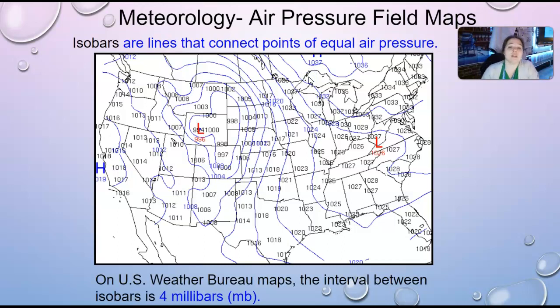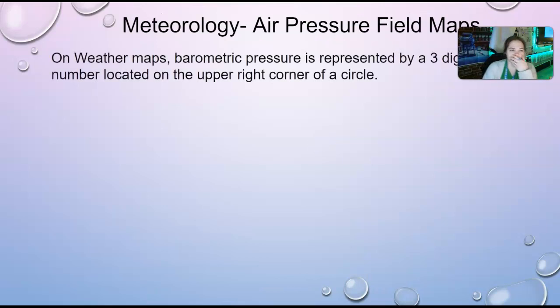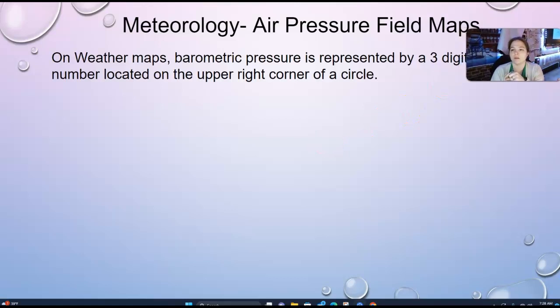One of the things you might notice on a pressure map, and this is pretty much universal, all the intervals are a 4 millibar difference. And on weather maps, which we just saw, you're going to see the millibars on that.